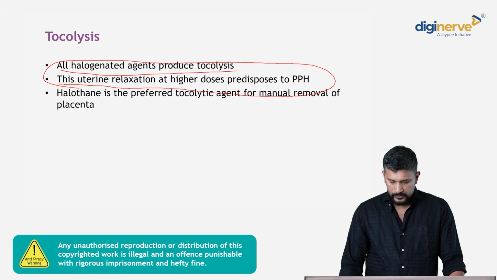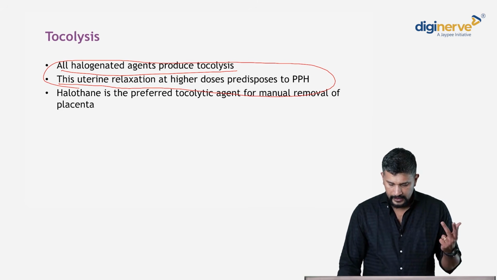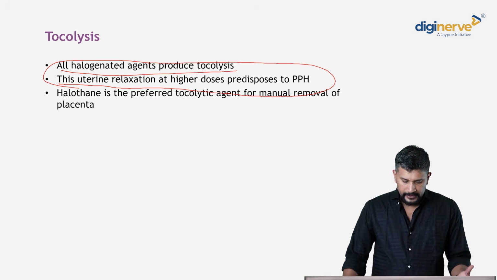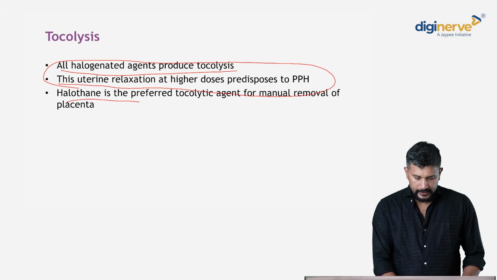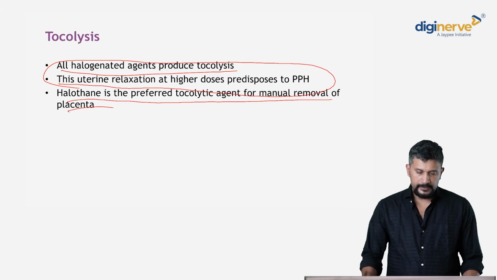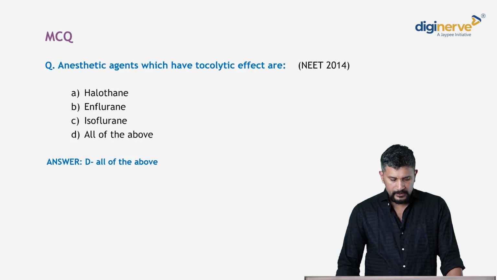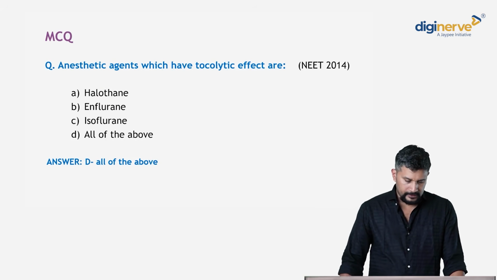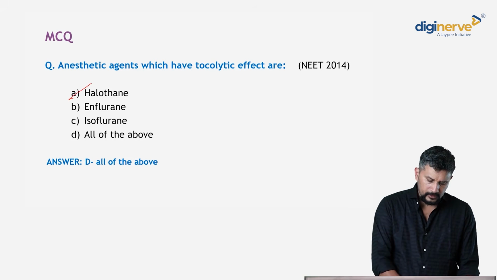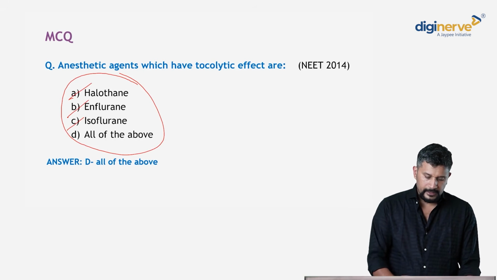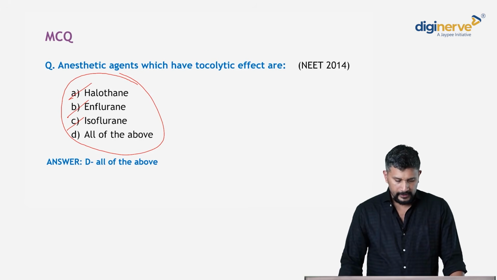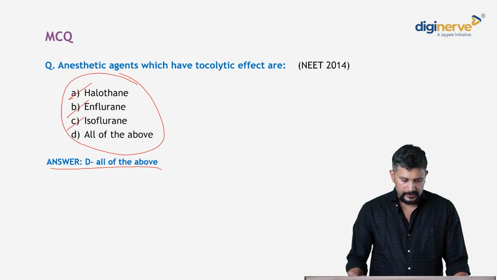So amongst halothane, enflurane and isoflurane, halothane is the preferred tocolytic agent for manual removal of placenta. We've already seen that it is a drug of choice for manual removal of the placenta as well as internal version. So all of them can result in a tocolytic effect, and therefore the correct answer is D.